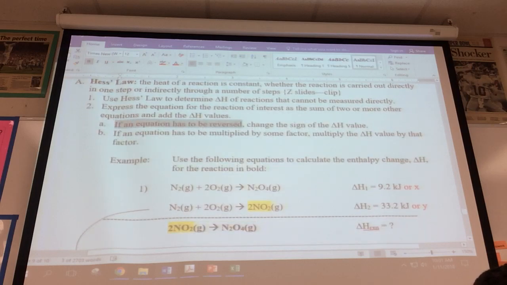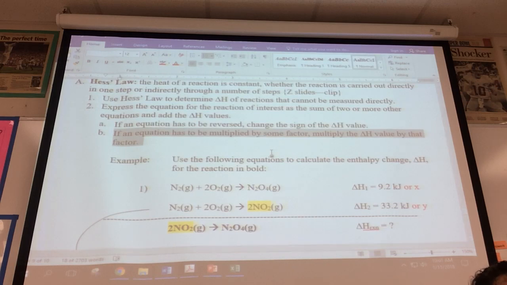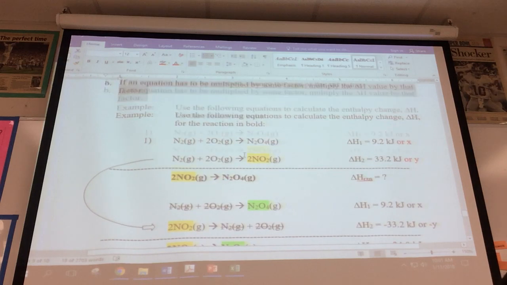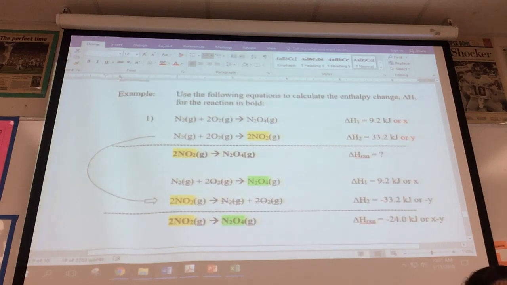If an equation has to be reversed, and I'll show you when that occurs, you'll change the sign of delta H. If an equation has to be multiplied, you'll multiply the delta H by that factor. That multiple can be a fraction, a 1, a 2, a 3, a 4, etc. It's not 0. In the first example shown here, I've got it worked out in a series of steps, and then we'll work through some on paper so you can see.